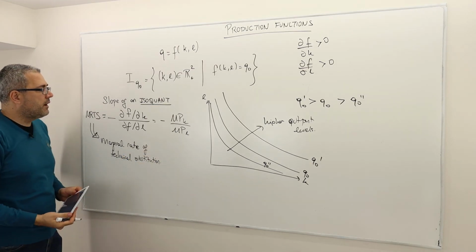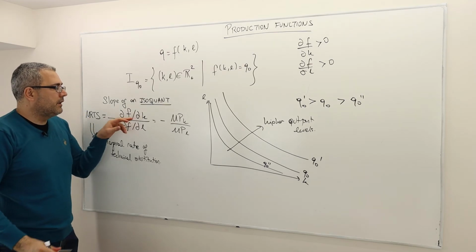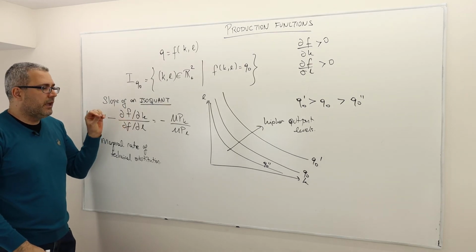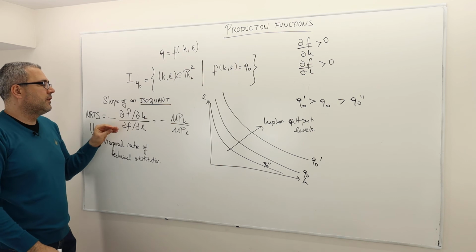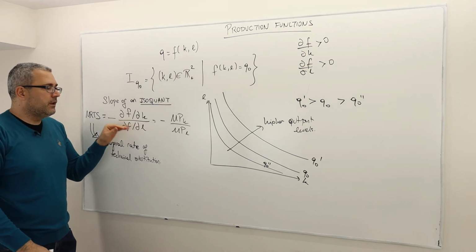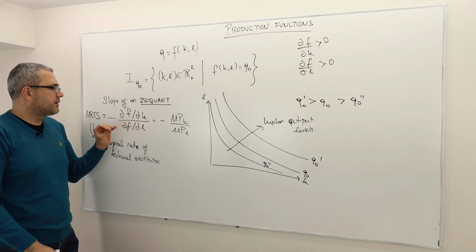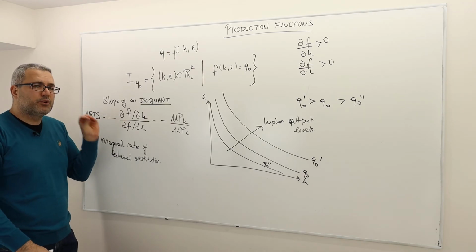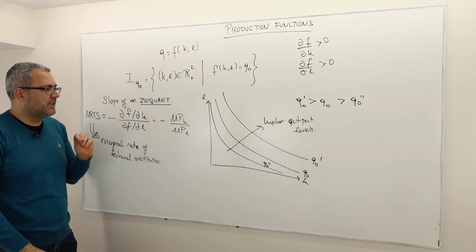Okay, so how many units of capital do I need to replace for the units of labor just to keep my production level the same? All right, that's the idea.